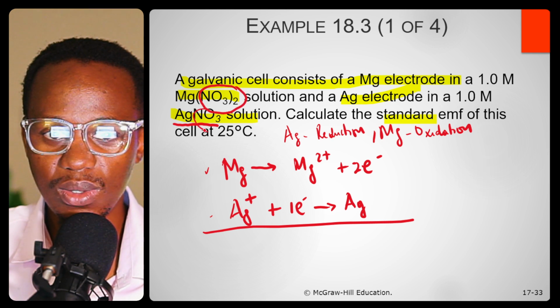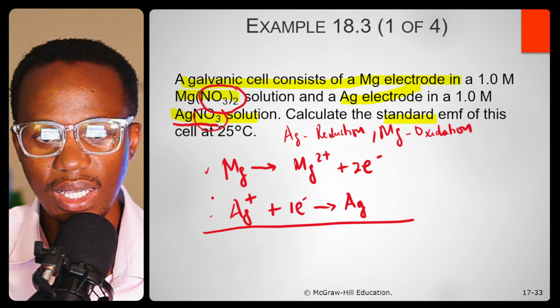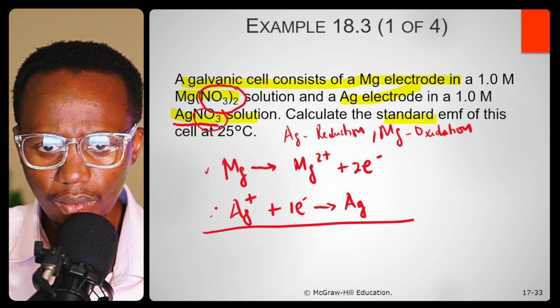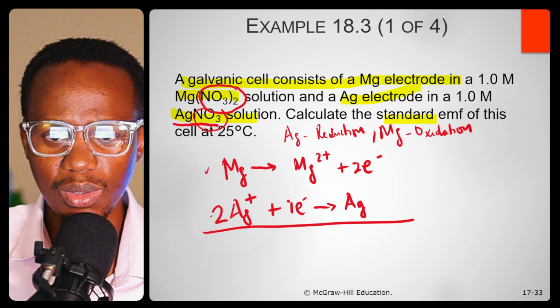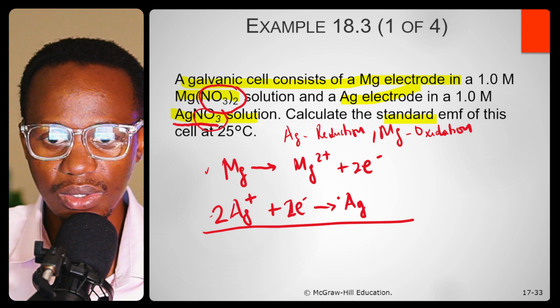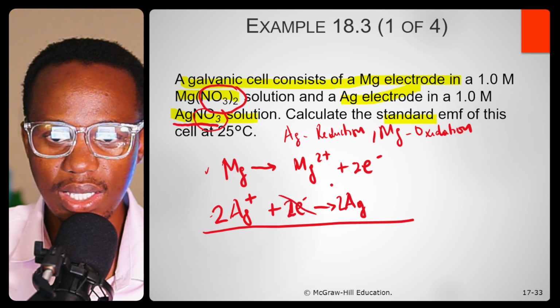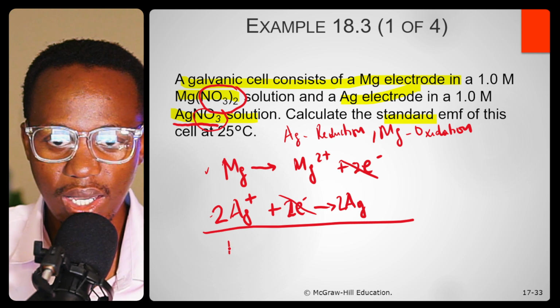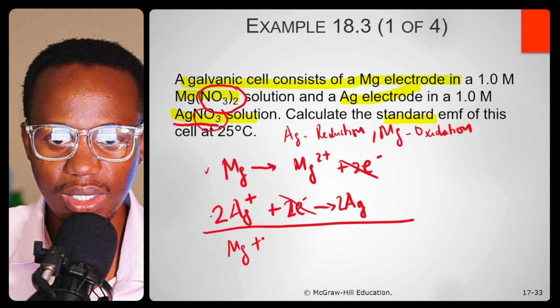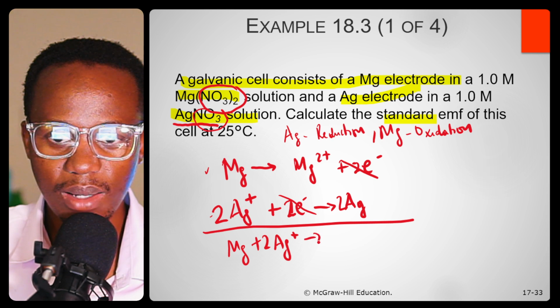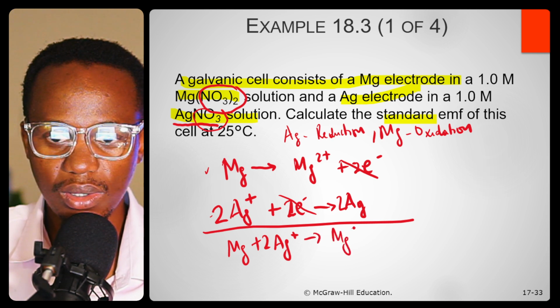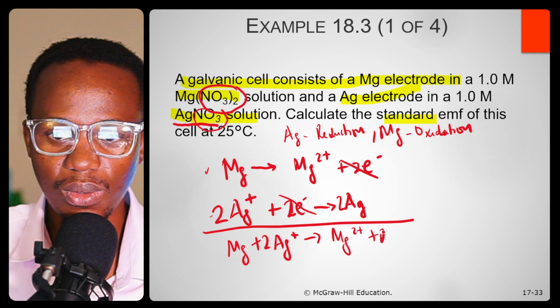We're not going to use them, right? So it's just the metals. So if I multiply this by 2, it's going to be 2 here, 2 electrons, so that these 2 electrons can cancel out, and it's going to be Mg plus 2 Ag+ becomes Mg2+ plus 2 Ag.